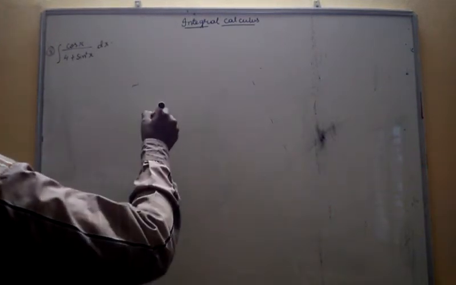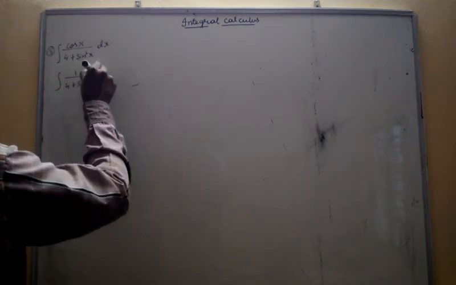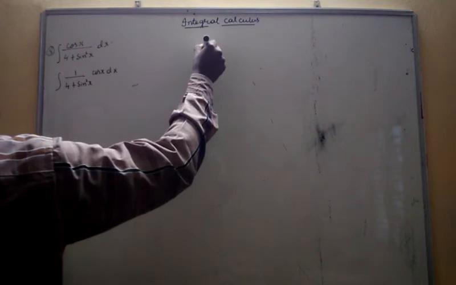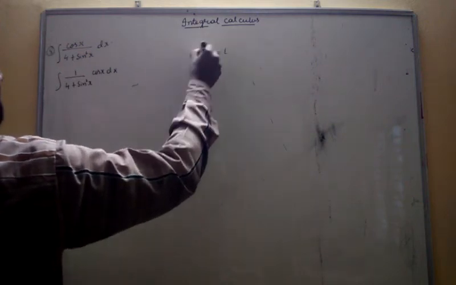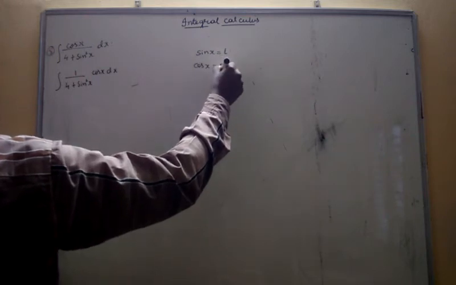Integration of cos x by 4 plus sin square x. In this I have to use the identity and the substitution method also. So integration of 1 by 4 plus sin square x into cos x dx. Let us take sin x is equal to t, and differentiation of sin x is cos x, dt by dx.